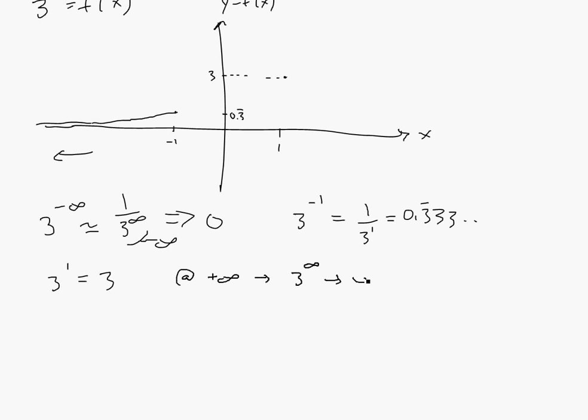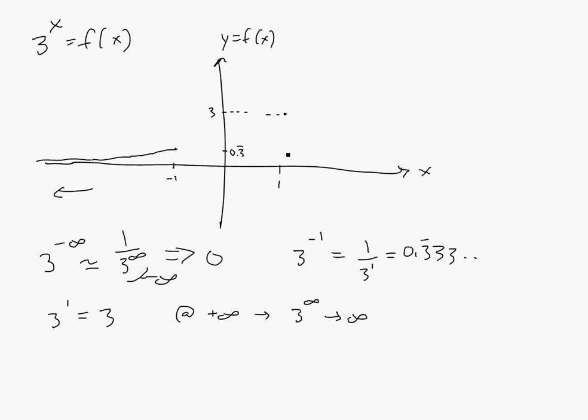So what you'll have is basically like this: it's going up to infinity. So you can see this is going to 0, and this is going to infinity as it goes there.